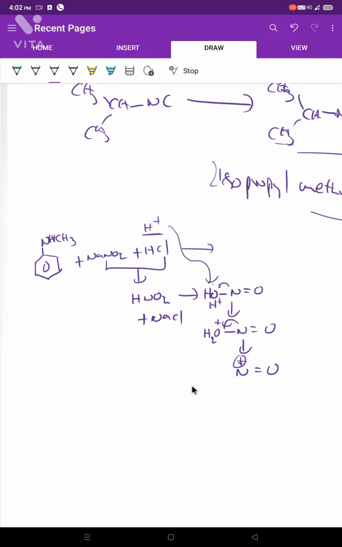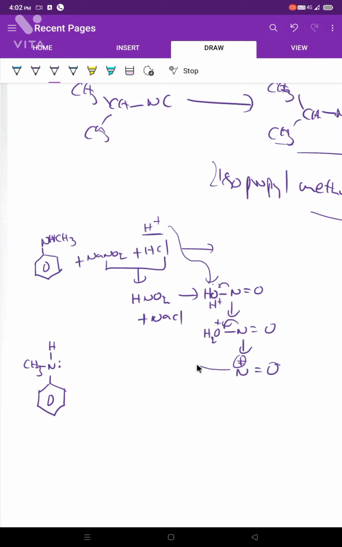This is the cation you can get, and this is reacted here like this. You can write the amine as NHCH3, and it has a lone pair of electrons.